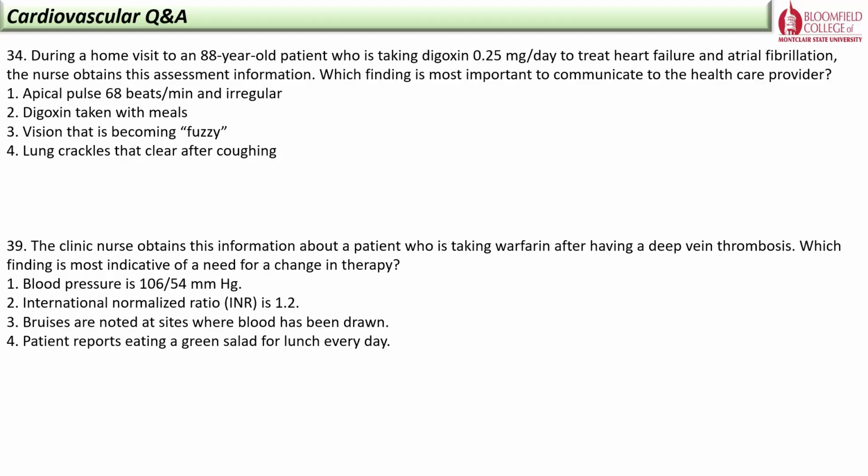The clinic nurse obtains information about a patient who is taking warfarin after having a deep vein thrombosis. Which finding is most indicative of a need for change in therapy? This type of question, I'm not saying we don't apply content from other areas or systems, or even from clinical, to the scenario.